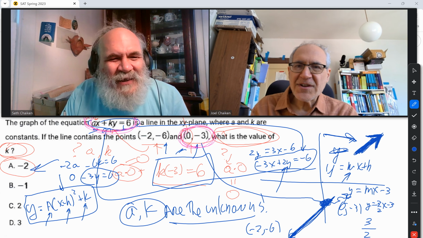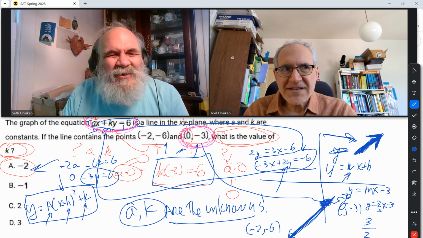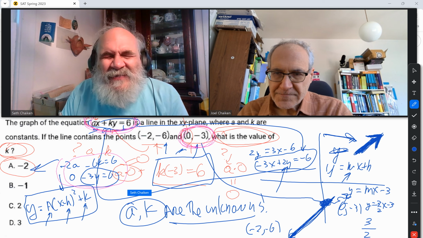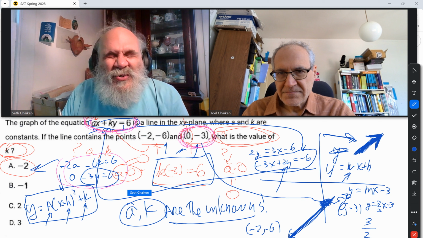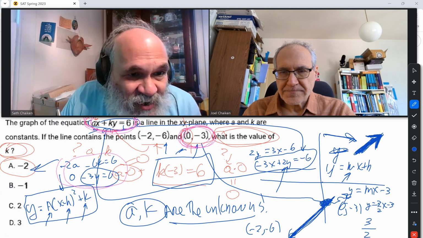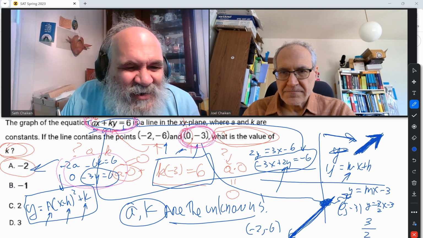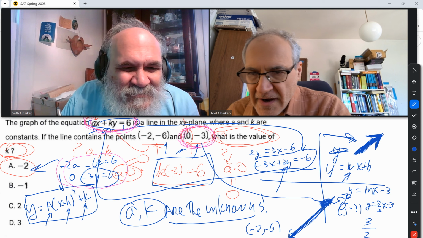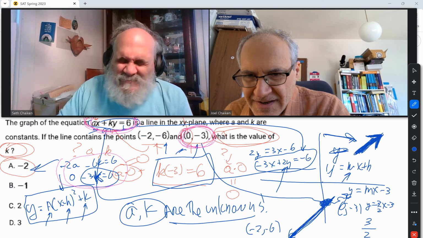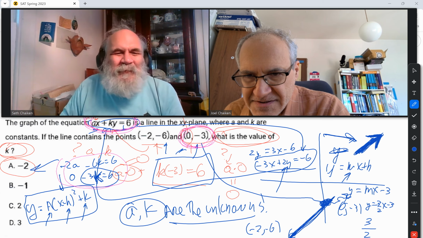If you had written this down, you might have immediately seen from the second equation that you could immediately solve for k. For k, yeah. Negative 3k. See the habit I put in negative 3y? It's a tough habit to break.